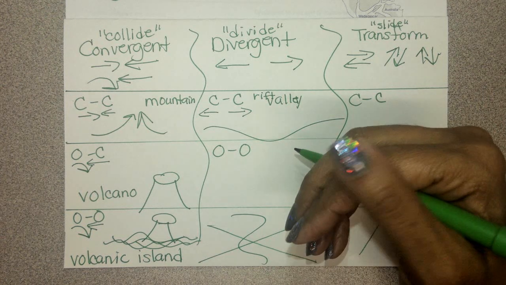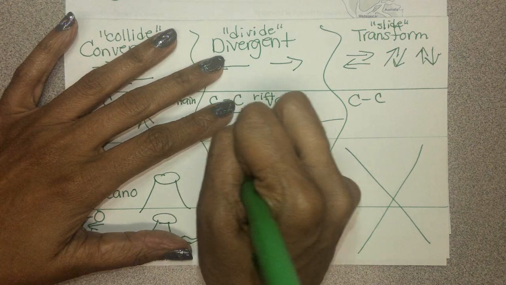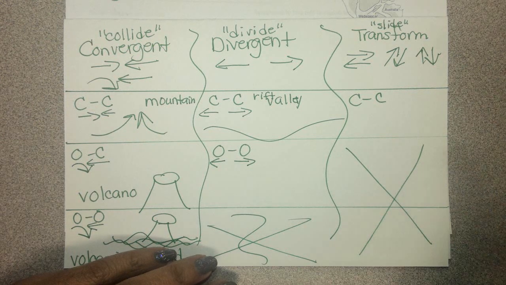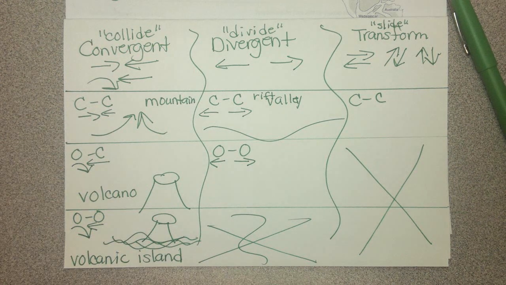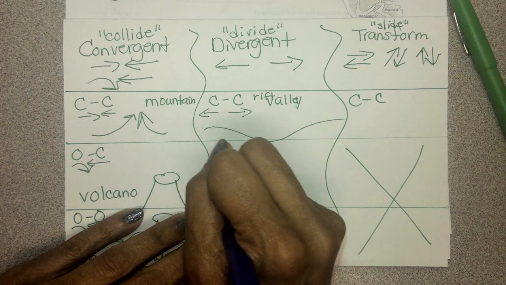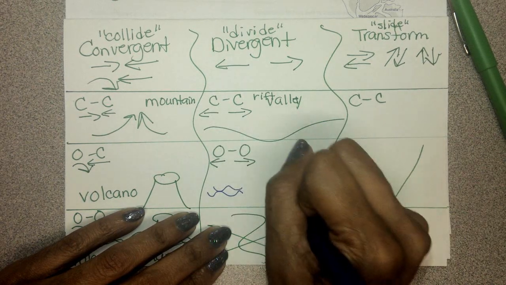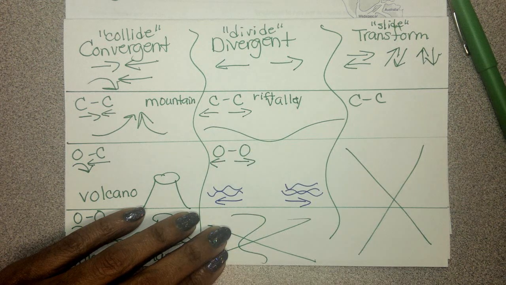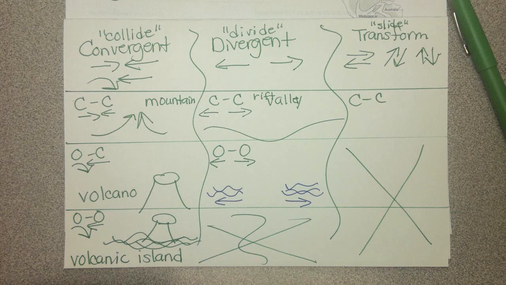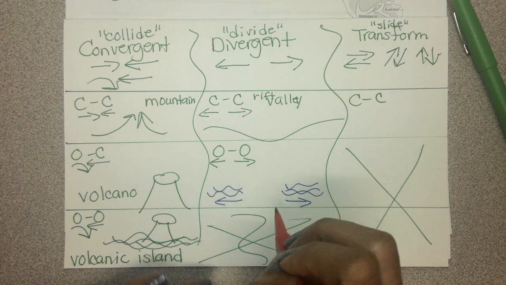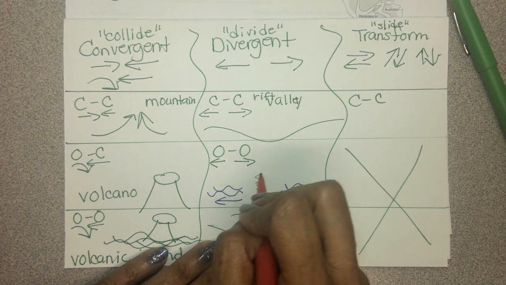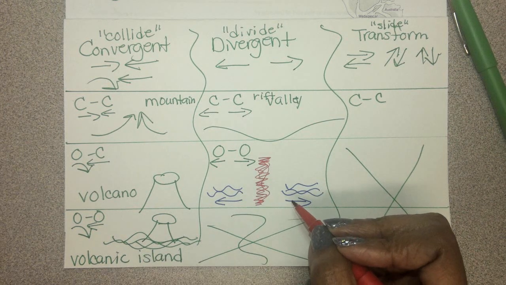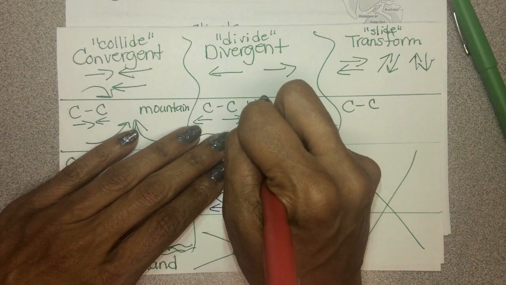All right, when you have two ocean plates pulling apart, this is where I noticed a lot of students were getting confused. When you have two ocean plates pulling apart, you get something called a mid-ocean ridge. So if this is my ocean plate and they're pulling away from each other, what happens is that as the plates are dividing, magma comes up through the center, and when it hits the water, it hardens and makes a mid-ocean ridge.